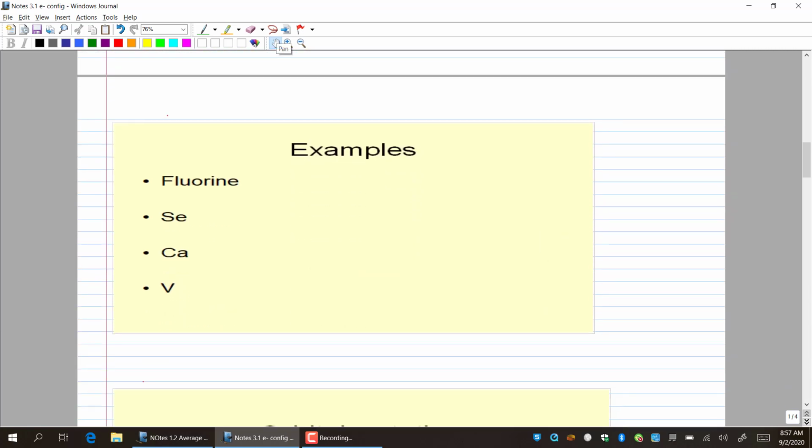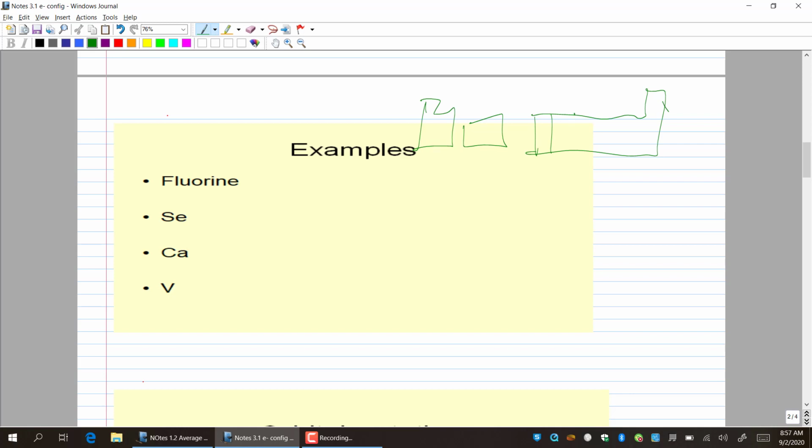Fluorine. Okay, so if you look in the periodic table, and I'll draw my little ghetto periodic table. 1, 2, 3, 4, 5. Oops. 1, 2, 3, 4. Good. And F is right here.